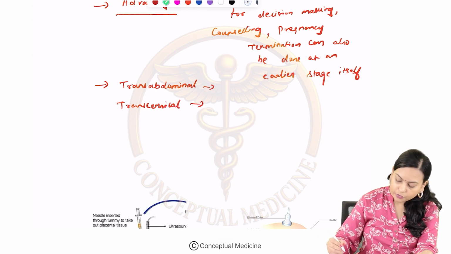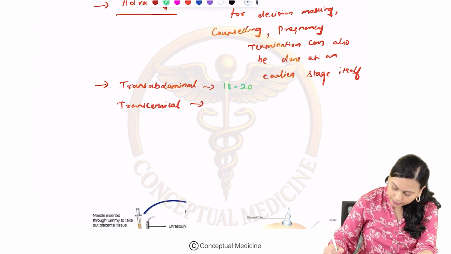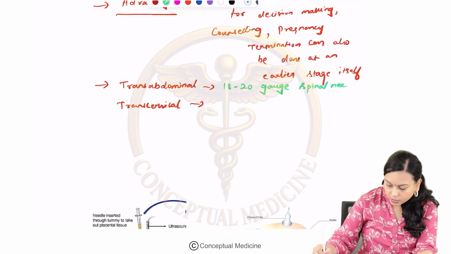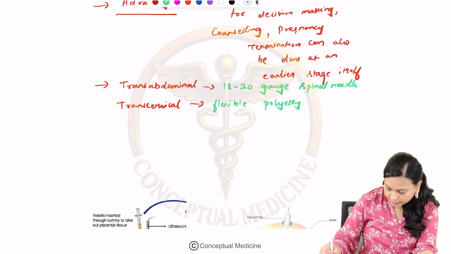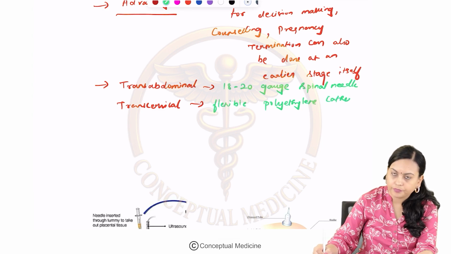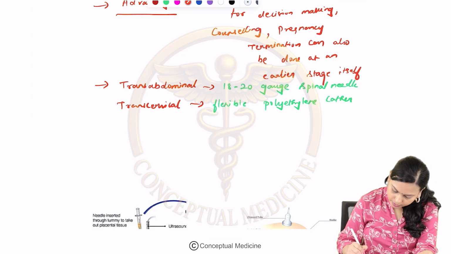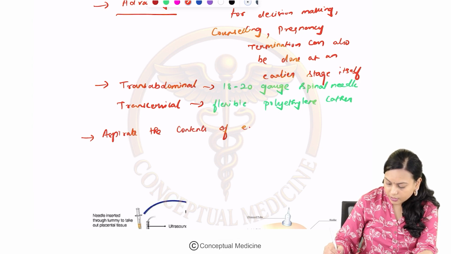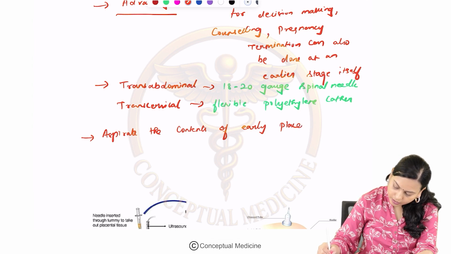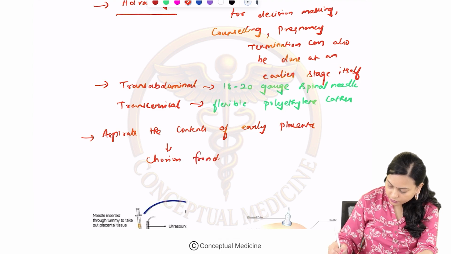In the transabdominal route, you can pass an 18 to 20 gauge spinal needle through the abdomen, and in the transcervical route, you can pass a flexible polyethylene catheter. Now, what you are going to do is aspirate the contents of the early placenta, which is going to contain chorion frondosum.